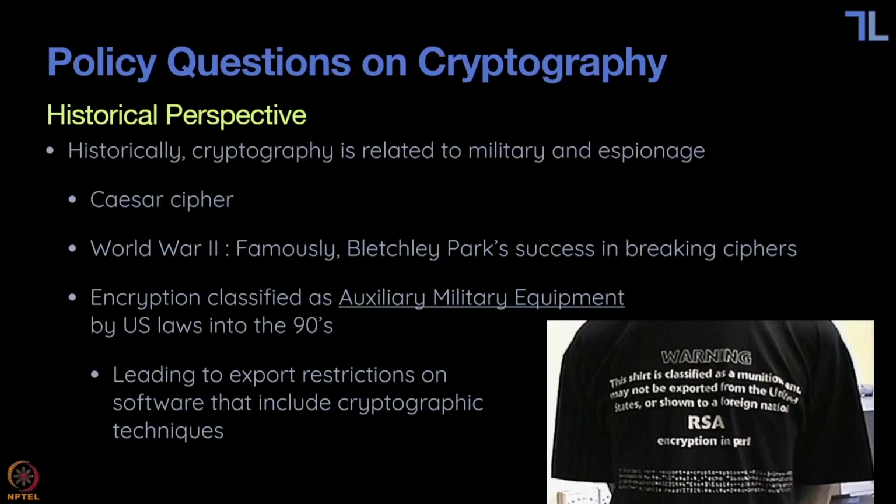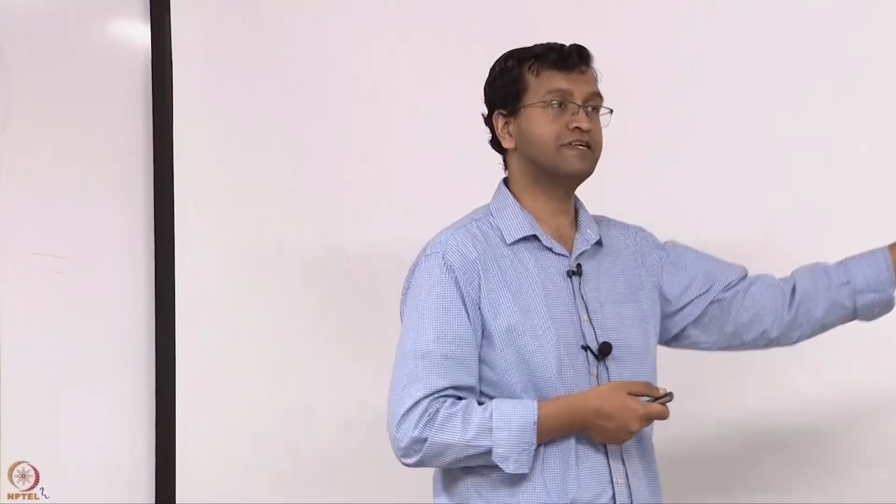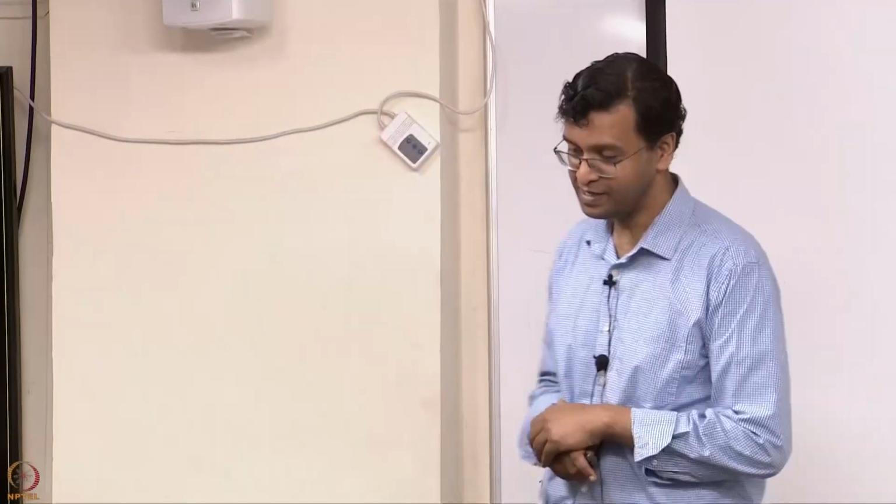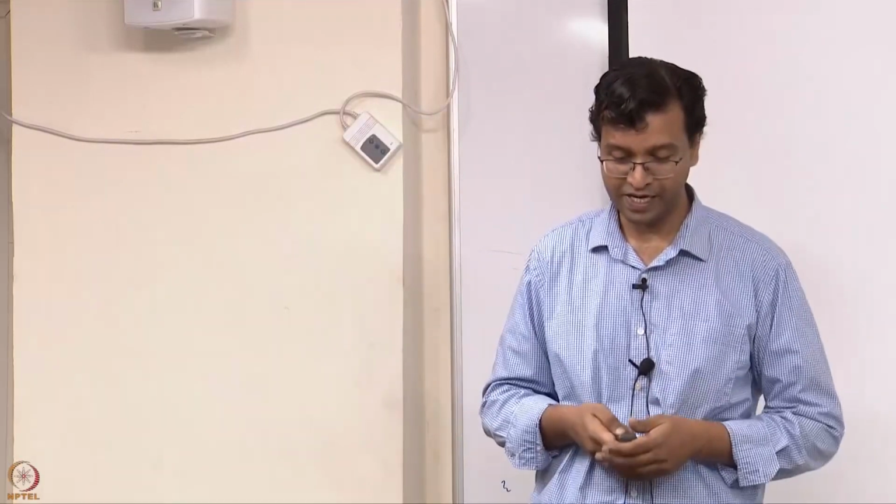So this is a funny T-shirt. It says this shirt is classified as a munition and may not be exported from the United States or shown to a foreign nation. And it has the RSA encryption algorithm written in Perl. So this is considered a weapon, or at least auxiliary military equipment.